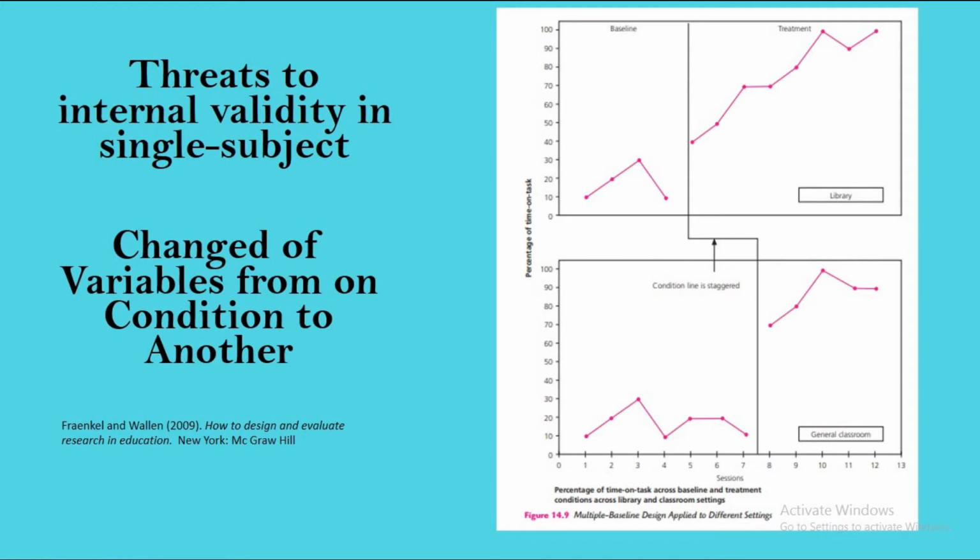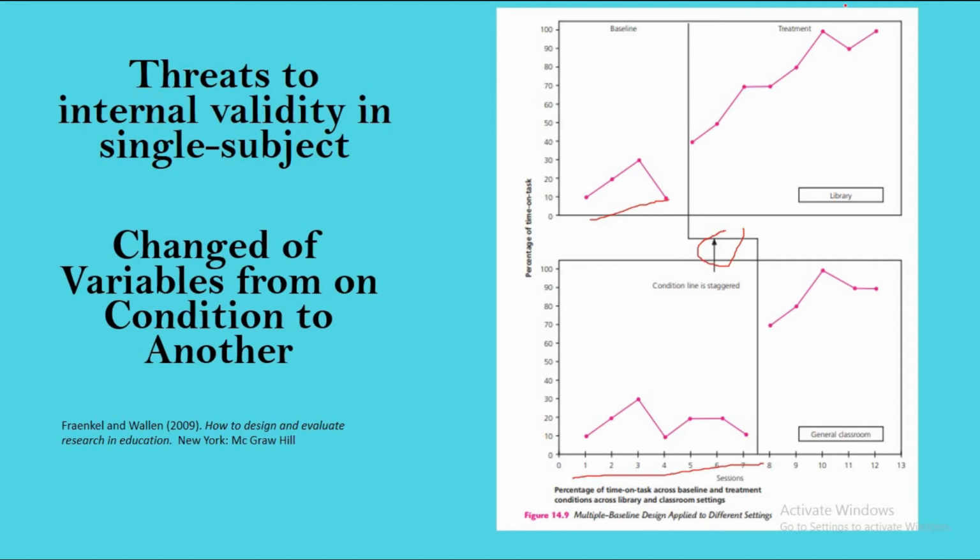One is the library, one is the general classroom. If you look at the situation of the two, here is the condition line. It is staggered because this one has more observations, 7. This one, look, only 4. So those are different.